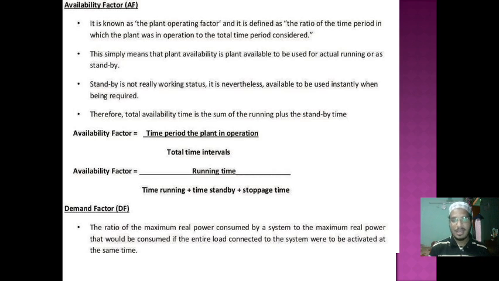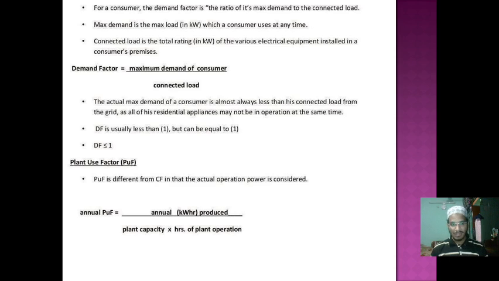Okay. Next, these are the demand factors for the consumer. Demand factor is the ratio of maximum demand to the connected load: how much maximum demand is taken from the customer, in terms of ratio to the connected load.